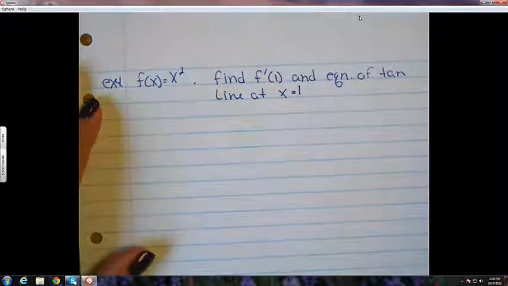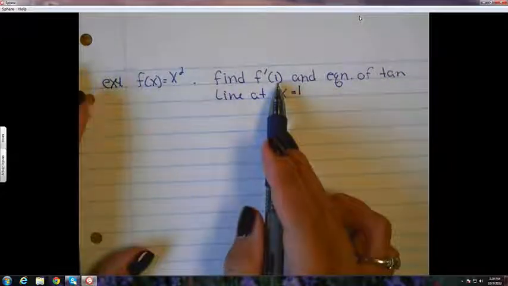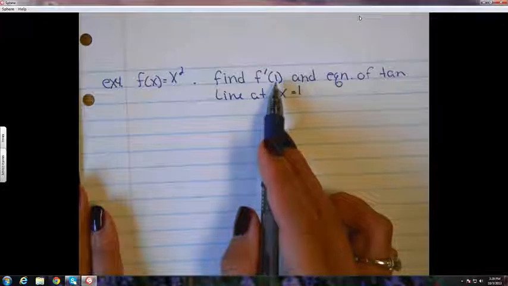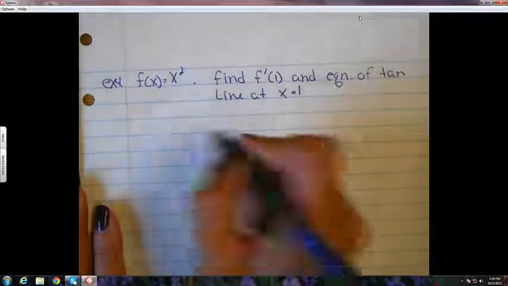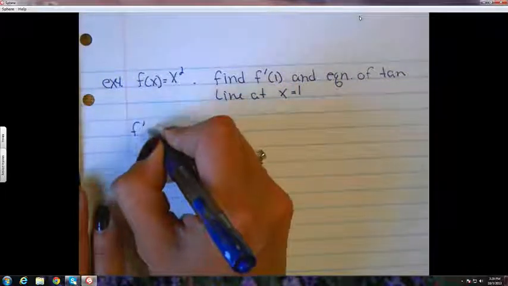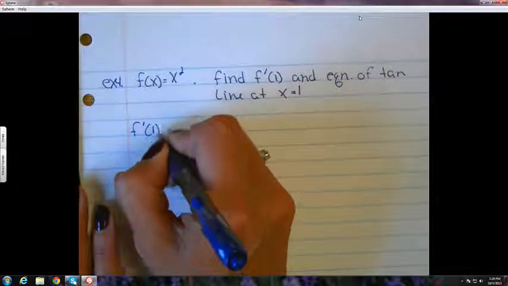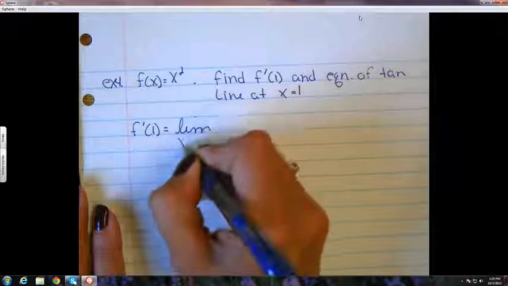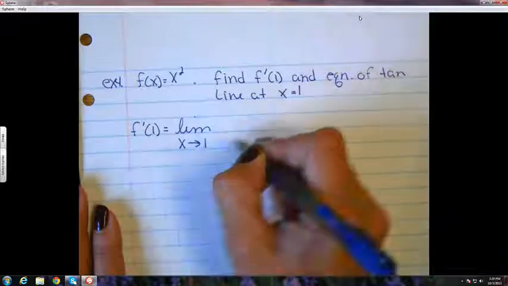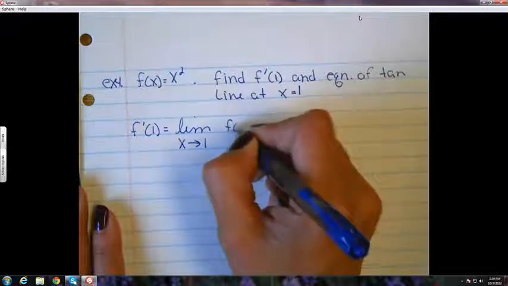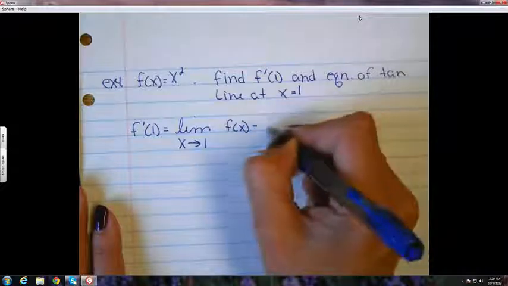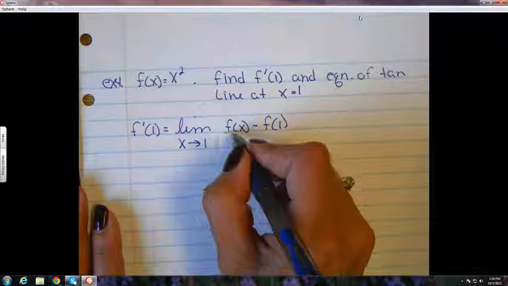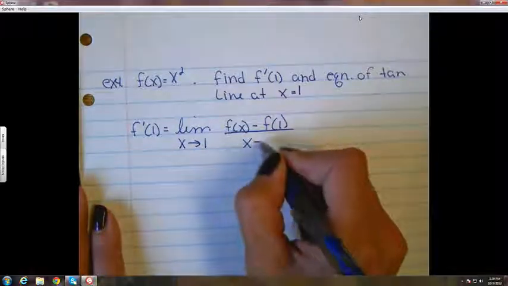Okay, so the first part is just what we've been doing, using that definition for derivative to get the derivative value. So f prime of 1 equals the limit as x approaches 1 of, and I'll write the definition out, f of x minus f of my c value all over x minus my c value.